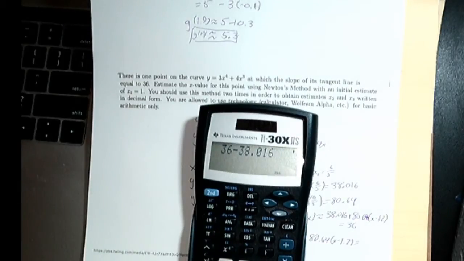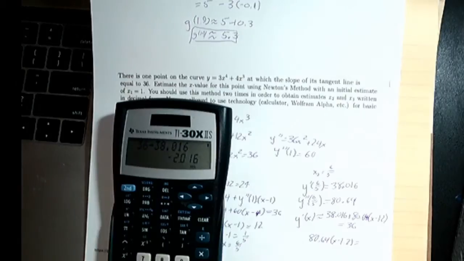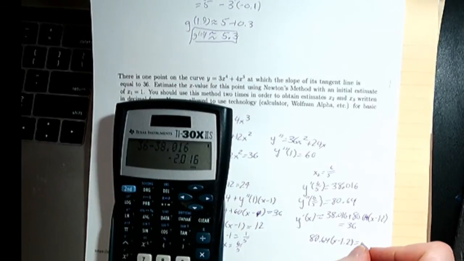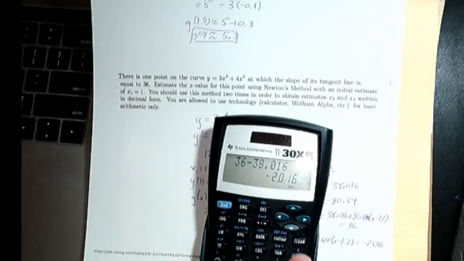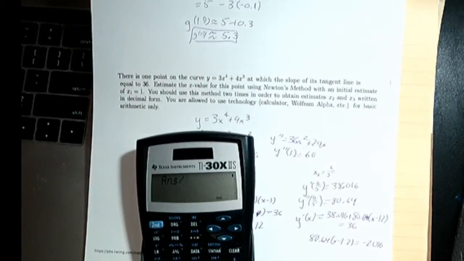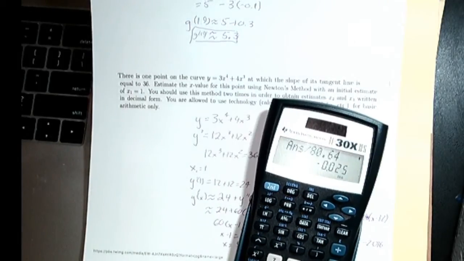We can do that. Okay, so that's minus 2.016. Divide that by 80.64. We get minus 0.025, so we're actually very close to the solution we're interested in here.